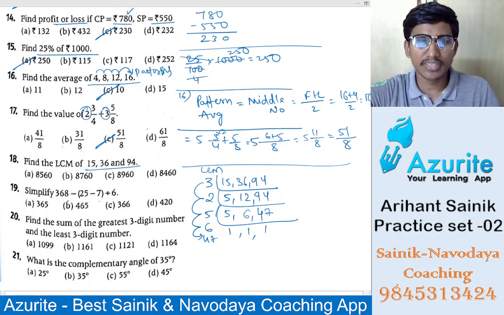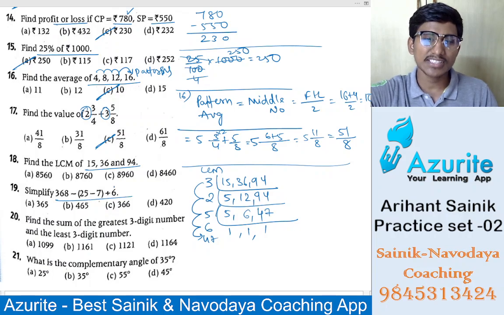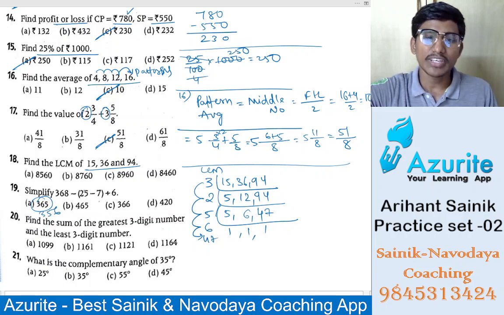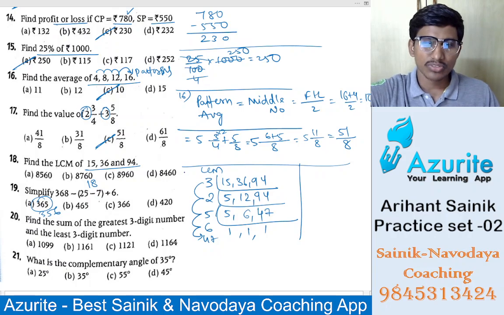So next, simplify this. This is also easy. The answer should be 356. So make it 356. Okay, because 25 minus 7 is 18. Right? So 18. Now 368 minus 18 is how much? This is 19th.